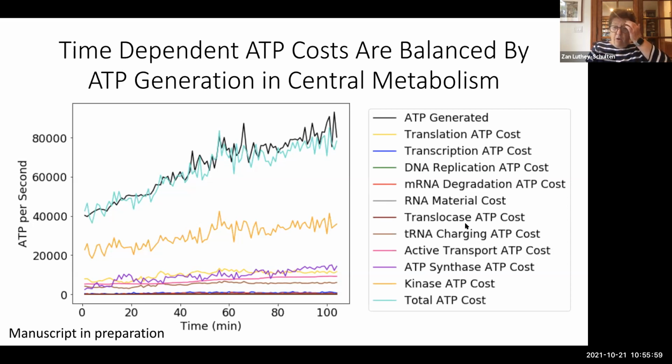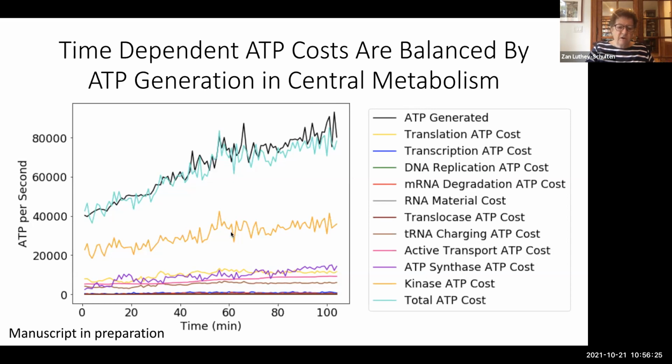And then how about putting a membrane protein into the membrane? As we said, there's an ATP cost associated with that. And then there are ATP costs in the metabolic network. You don't always make ATP. Sometimes you need to use it, right? And then there's DNA replication, and then transcription and translation.